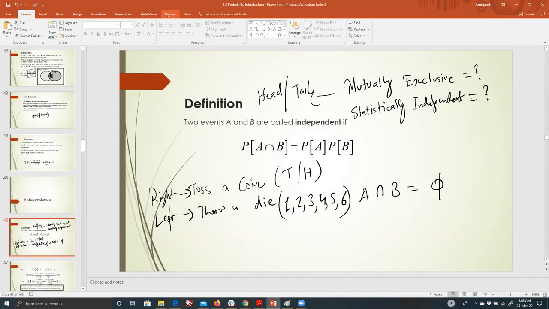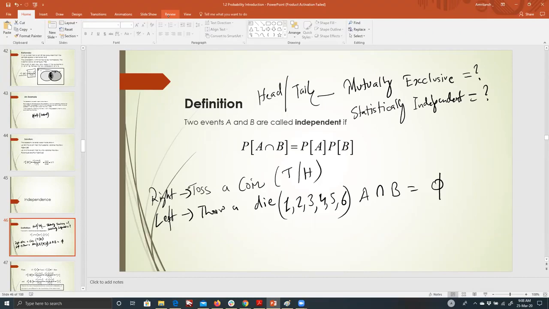Yeah, if using my two hands, with one hand I toss a coin, and at the same time I throw a die, would getting heads or tails on the coin have any impact on the outcome of the die, or dice actually I should say?